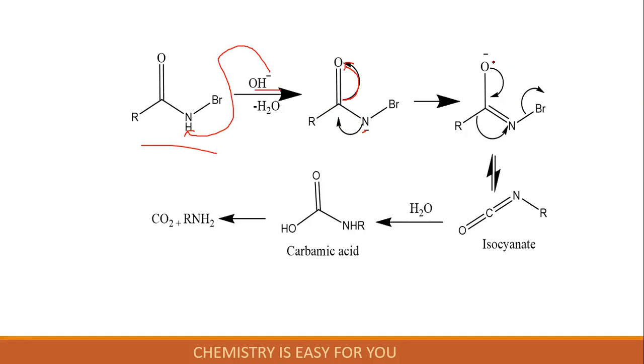In the next stage, this negative charge will come back and form the carbonyl C=O double bond, and this whole R group will shift onto nitrogen. As a result the Br leaves, and we get the isocyanate. This is very, very important because in many name reactions this is an important intermediate. That is, isocyanate will be formed, and from isocyanate many of the end products are formed.